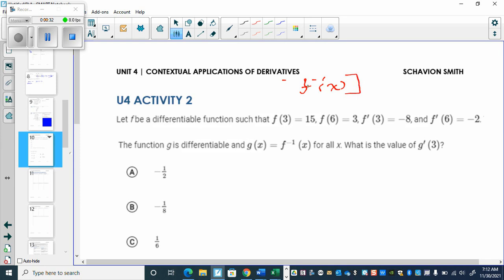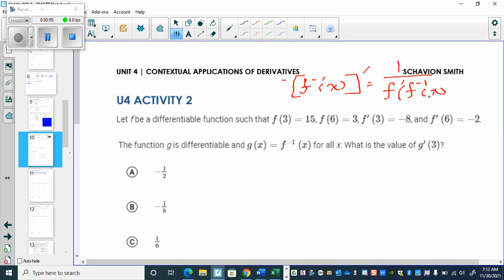But when I do it like this, it's easier to see clearly that this is the derivative, put the apostrophe out here. This equals 1 over f prime of the inverse of x.